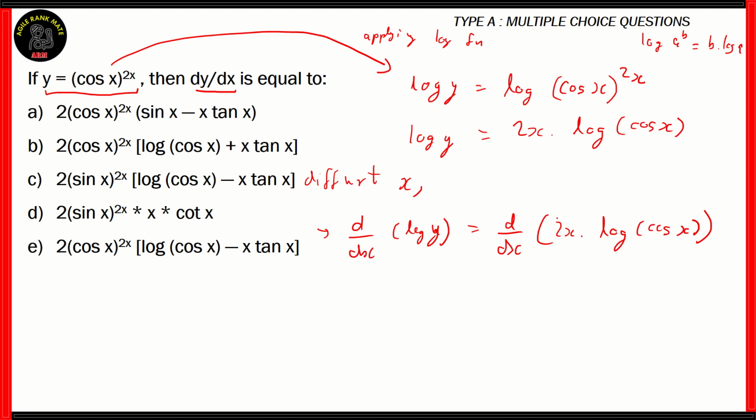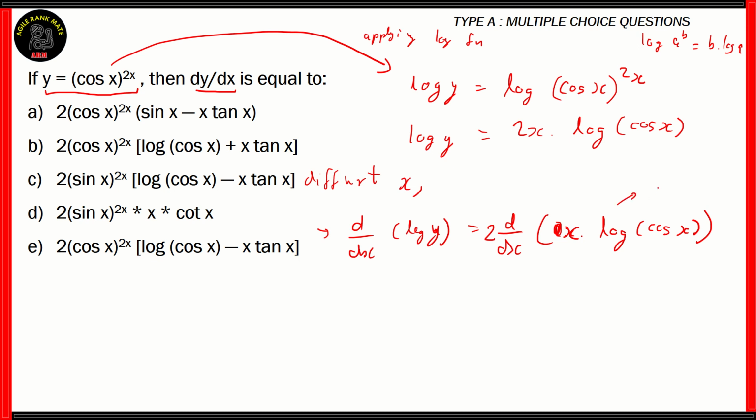First things first, you can remove the 2 and put it outside, because 2 is a constant. So the coefficients are taken outside as is. Now, if you look at the bracket on the right hand side, it's x times log of cos x that we have to differentiate.